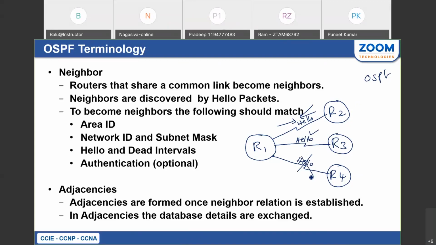Now you tell me, guys, for R1 router, which routers are neighbor routers? For R1 router, R2, R3, R4 are also neighbors. See, R4 is directly connected, right? Directly connected means a neighbor.